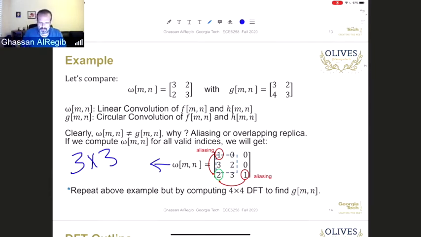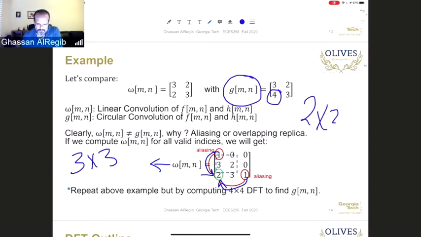So if you take this, shift it to the left by 2, then the 1 will overlap here. Shift it down by 1, so this one will overlap here. Then you will have 2 plus 1 plus 1 as a 4. And that's how you got this mistake in here. And the reason for this mismatch, which is the incorrect calculation of the output G, is the fact that we used a 2 by 2 DFT.